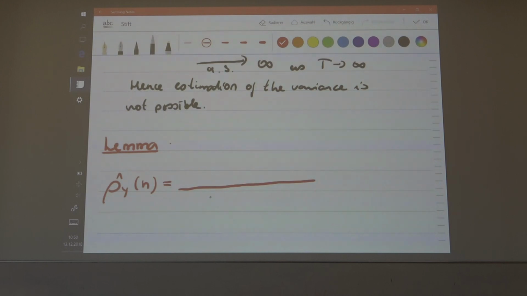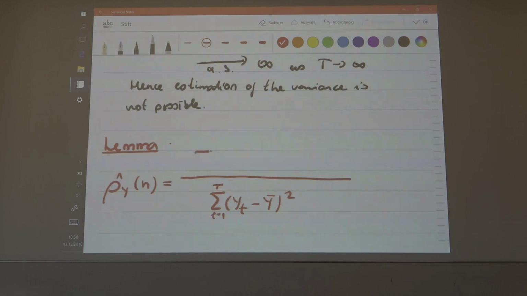Down there you have the variance: the sum of yt minus y bar squared, where the sum starts at 1 and stops at capital T. I don't have much space, so I use that a little more properly. 1 over t cancels out, so we just dismiss that.